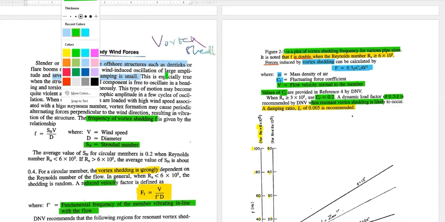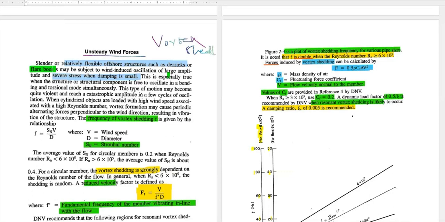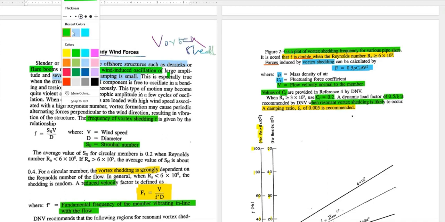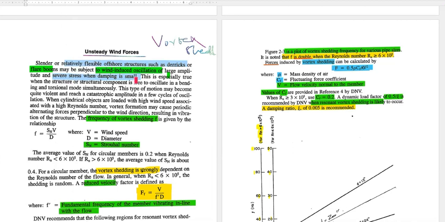When the structure is very slender, like a flare boom, it will be subject to wind-induced oscillation and large amplitude. This is especially true when the structure or structural component is free to oscillate in a bending and torsional mode simultaneously. This type of motion can become quite violent and reach catastrophic amplitude in a few cycles of oscillation. So it can oscillate and then it can collapse.